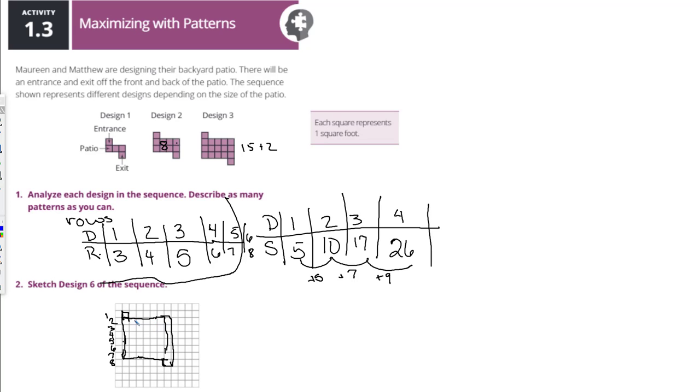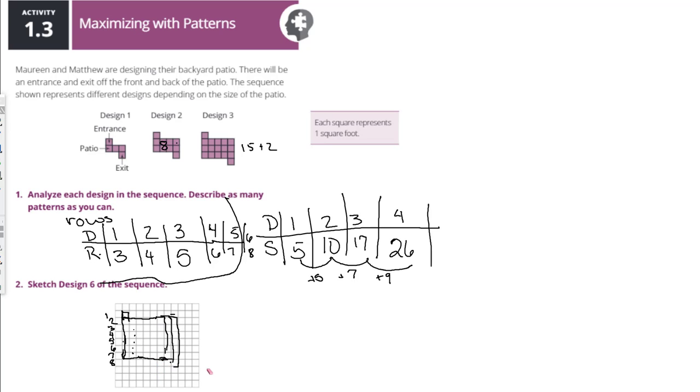Oops, I think I just got 5. 1, 2, 3, 4. It's one more row over. So is that 6 by 6? 1, 2, 3, 6. Yeah, now I have a square in the center. Sorry about that.